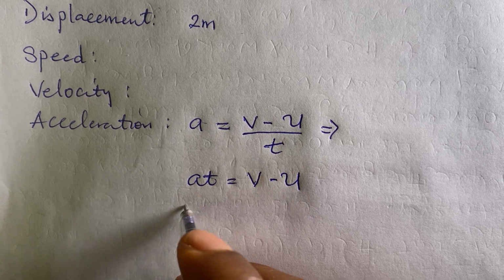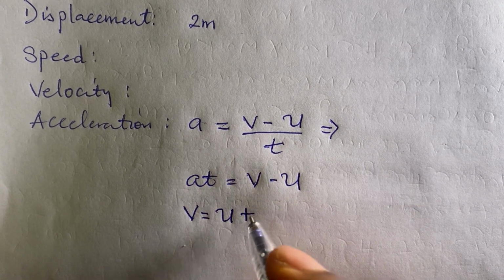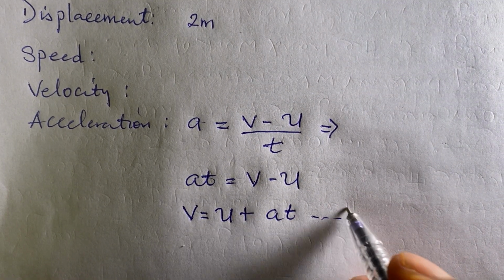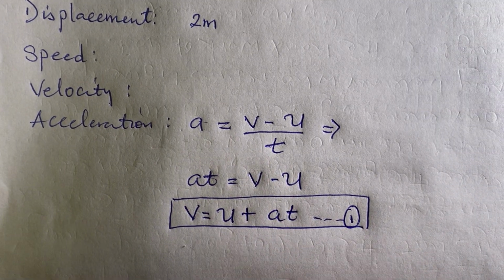If I make v the subject of the formula, I'll have v = u + at. Let's call this equation 1. This is the first equation of motion you must know.